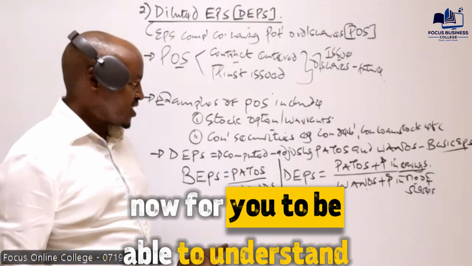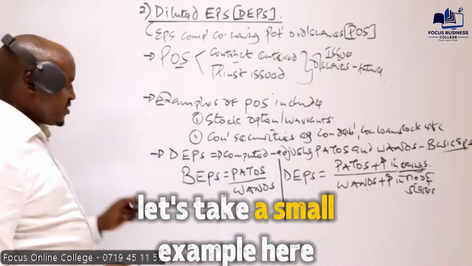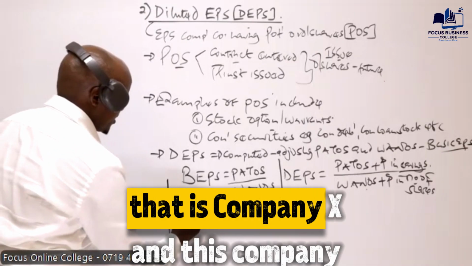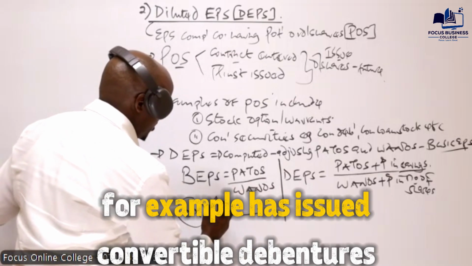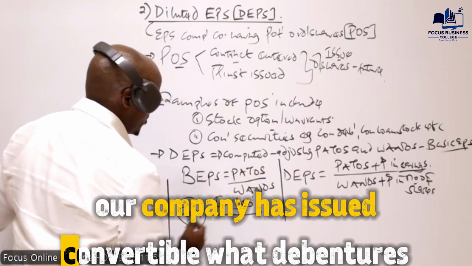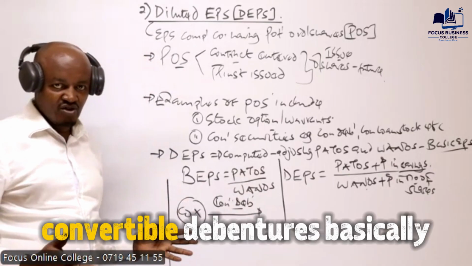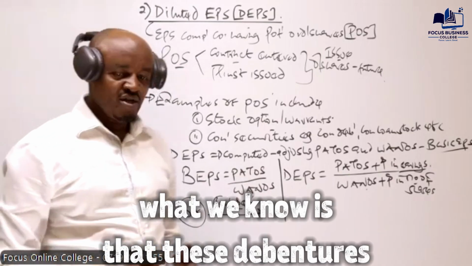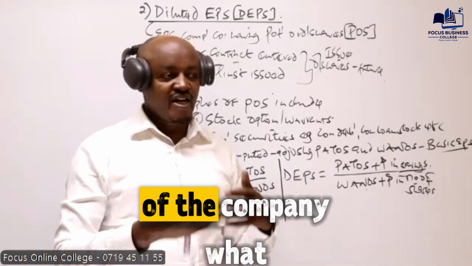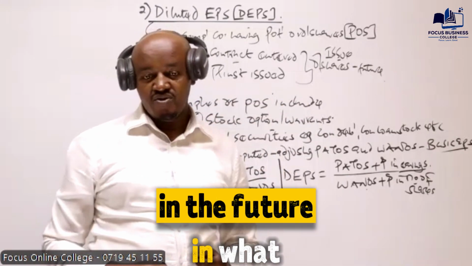For you to be able to understand that, let's take a small example. Assume we have a company, company X, and this company has issued convertible debentures. Basically, what we know is that these debentures will have to be converted into ordinary shares of the company in the future.